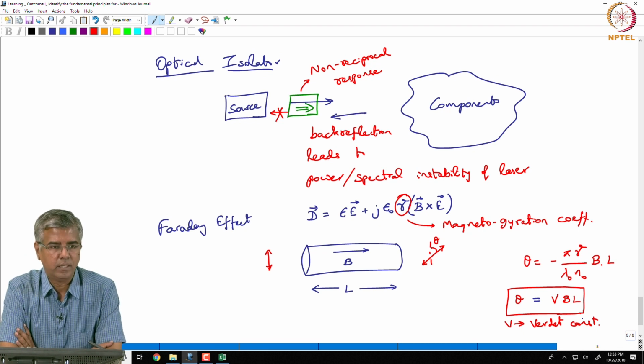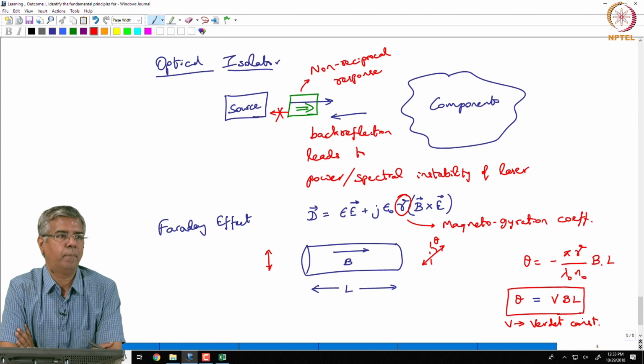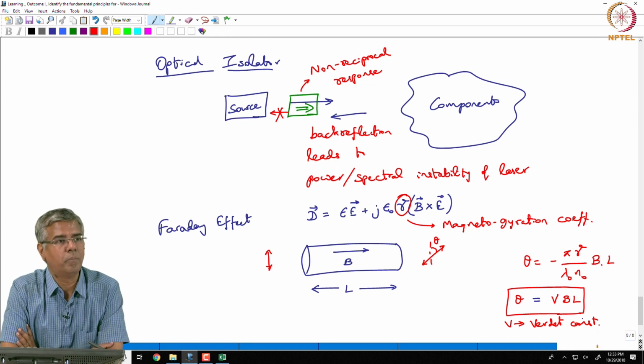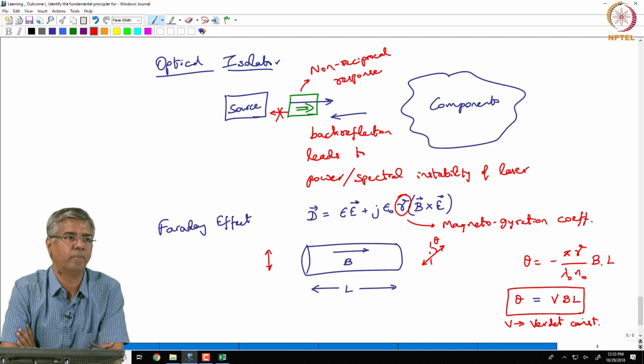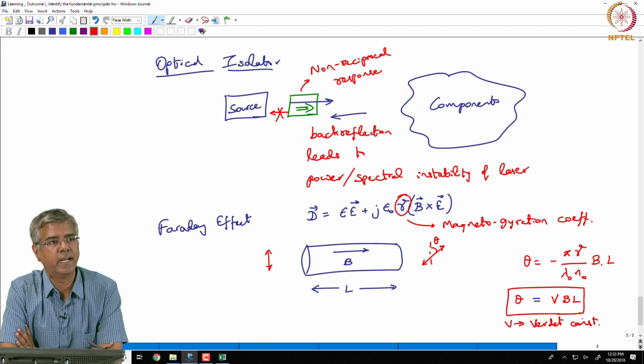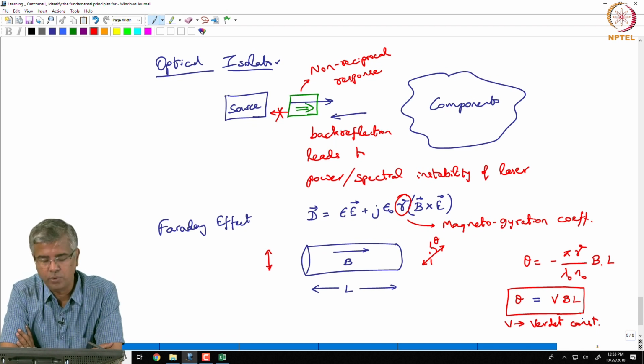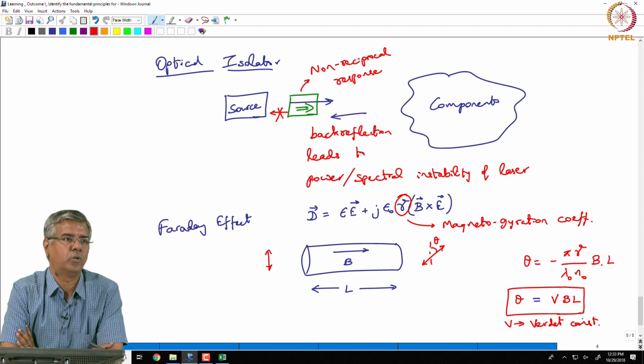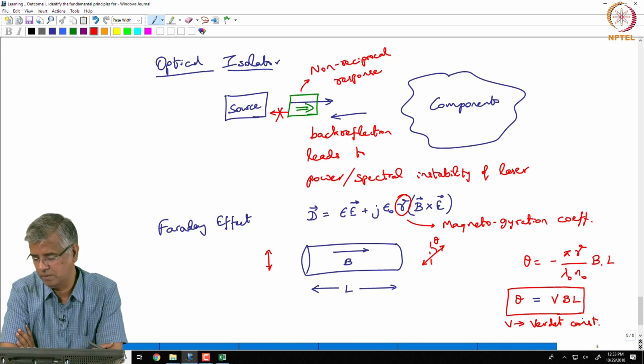However, the rate at which this change happens, the response of the medium would tend to be much muted, right. It's highly unlikely that this will respond to another electromagnetic wave at optical frequencies. Right, that was your question.